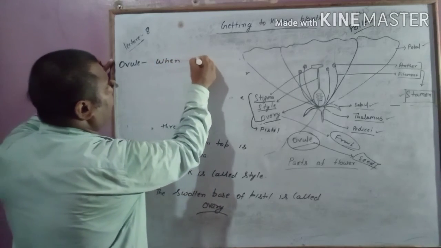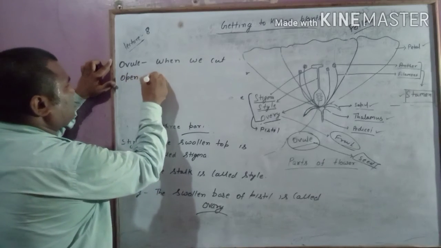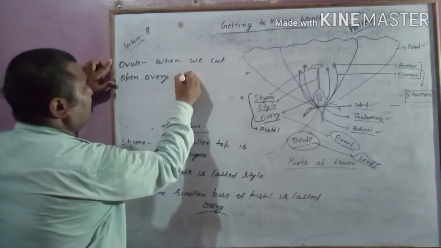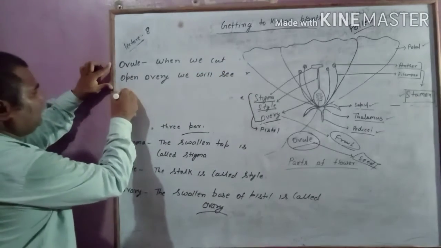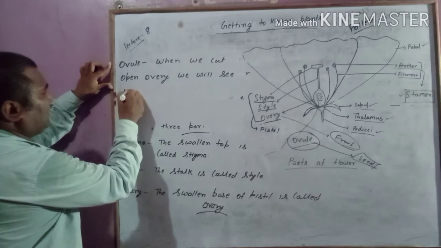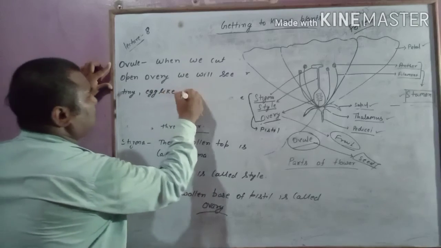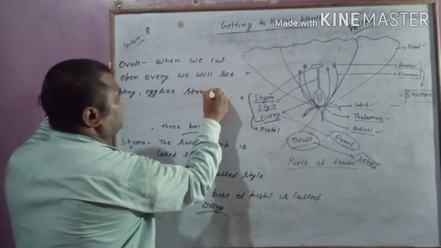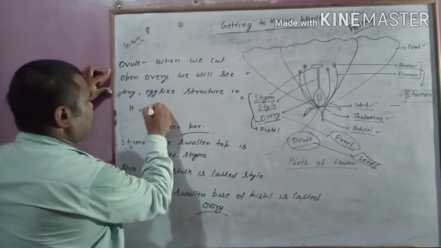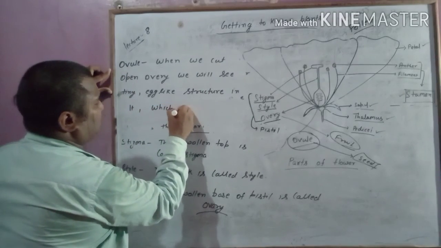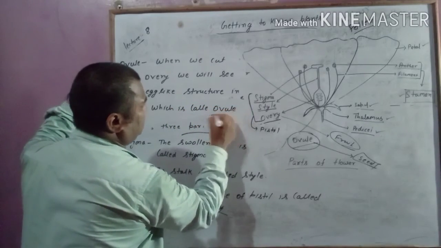When we cut open the ovary, we will see tiny egg-like structures in it, which are called ovule.